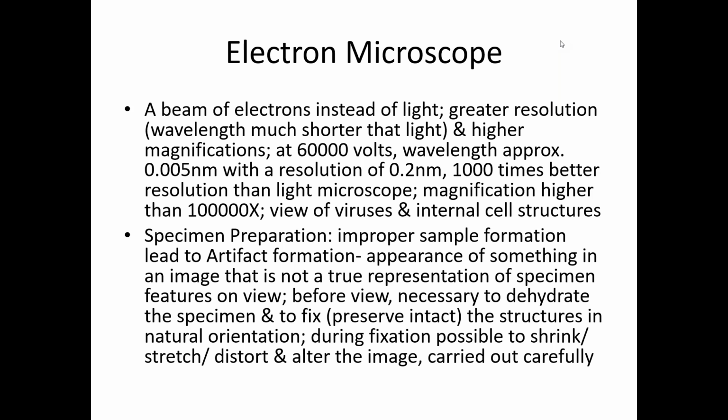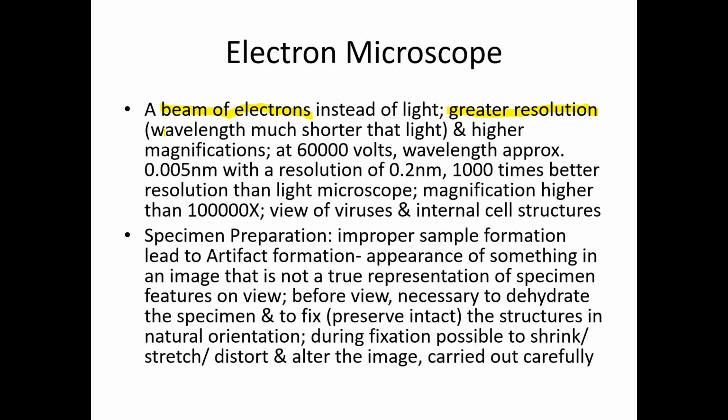Now electron microscope. So what is an electron microscope? First of all, a beam of electrons instead of light. So here, instead of light in light microscopy, we are using a beam of electrons to illuminate the object. Now, greater resolution. So we are getting a very higher resolution in electron microscopy when we compare with light microscope.